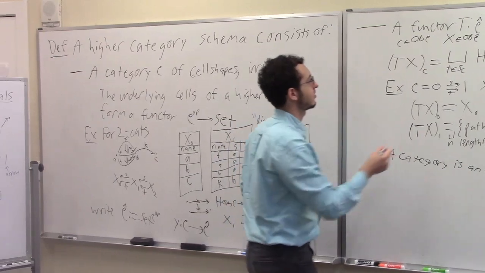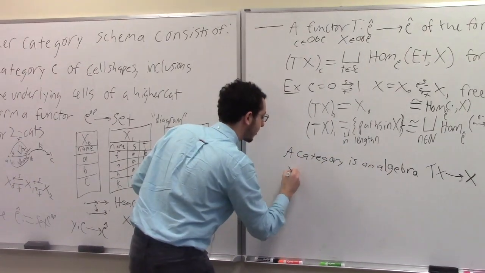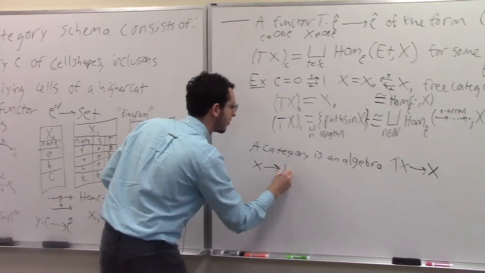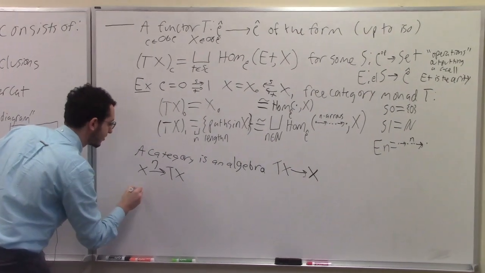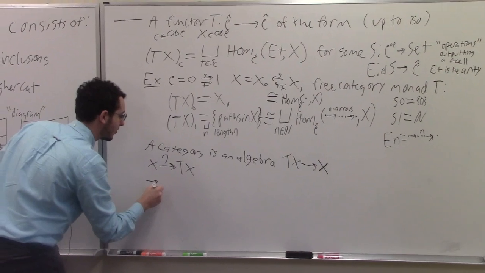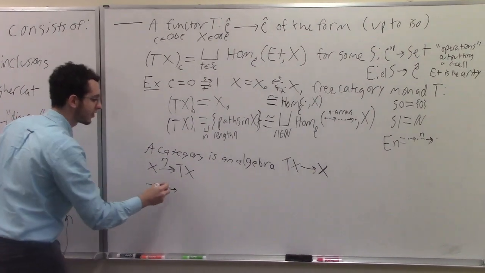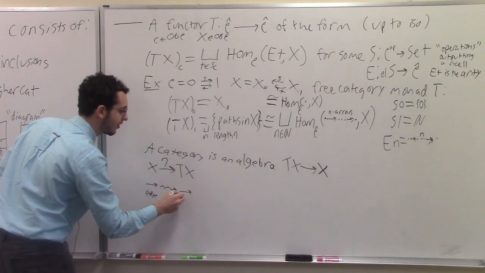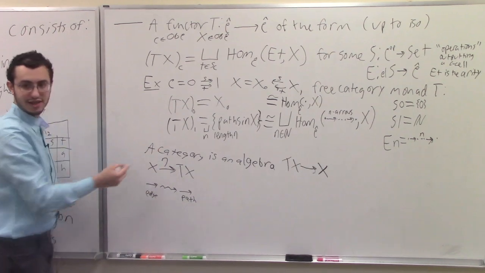And as we can see just in this example that our unit x into tx, informally we can describe it as the fact that for any edge in x, we can also regard that as a path in x, which is an edge in tx.